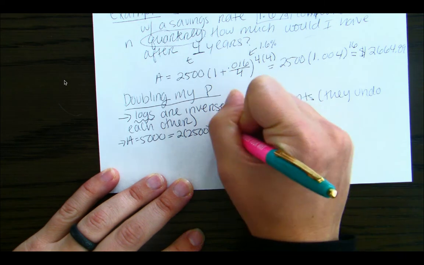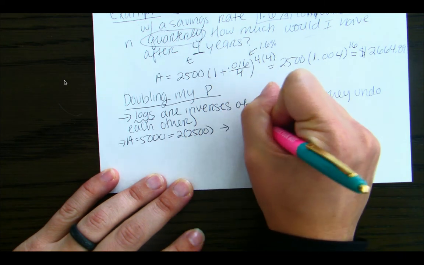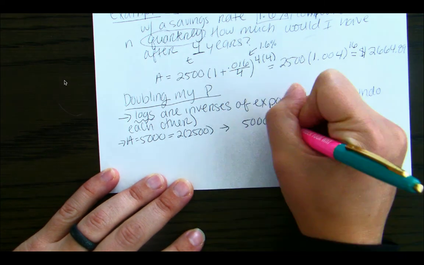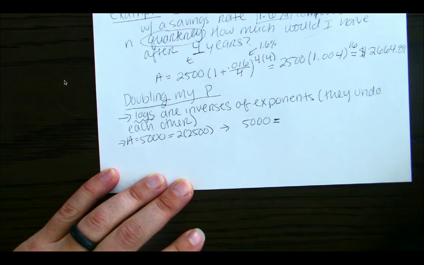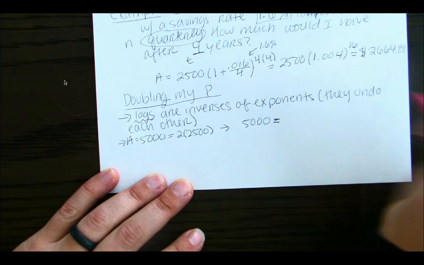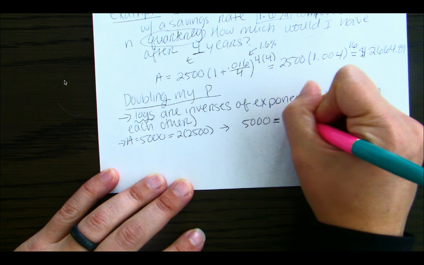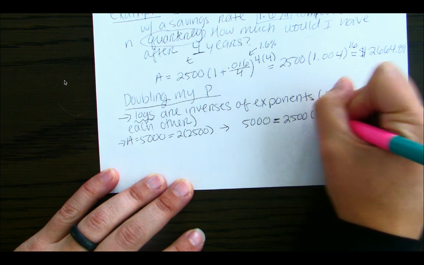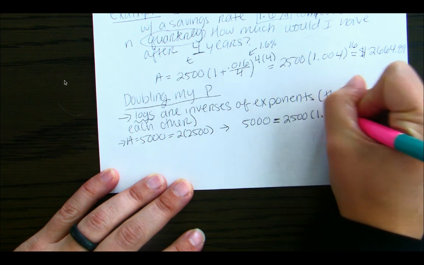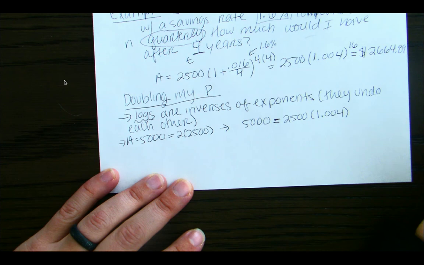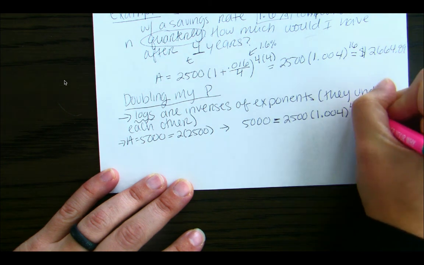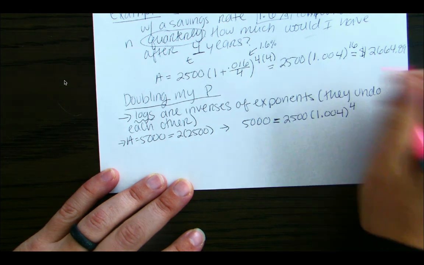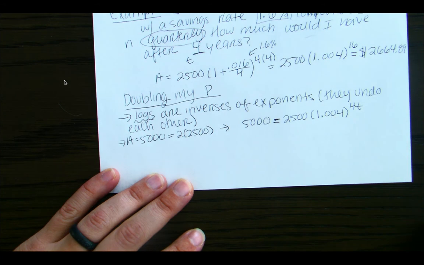So that means that I have $5,000, and I want to know how long it's going to take me to get to this point. So I start out with my 2,500. I have my 1.004 from the previous. I have my 4, that was my n, but I need to figure out my time.